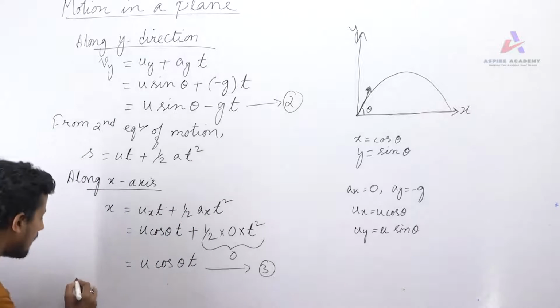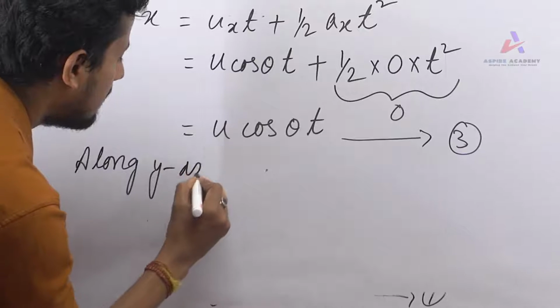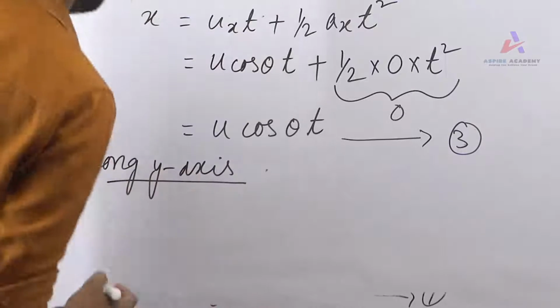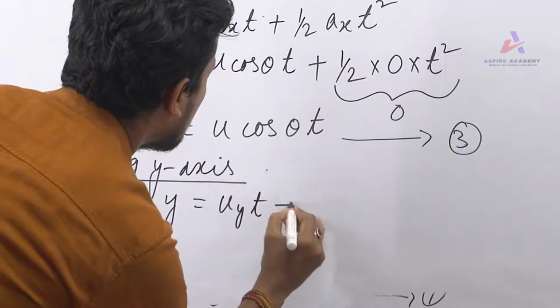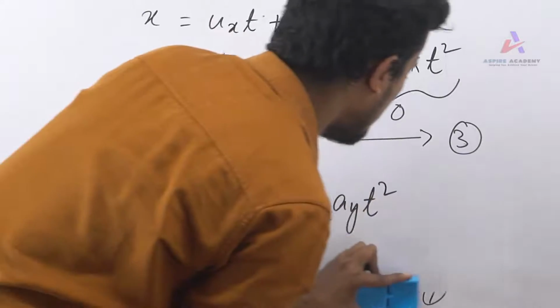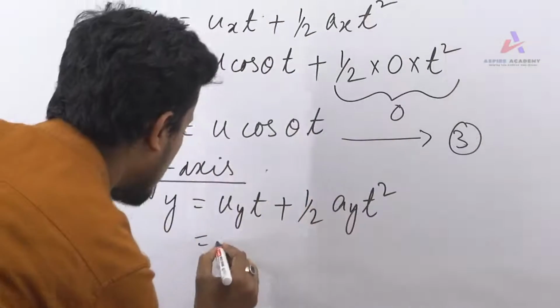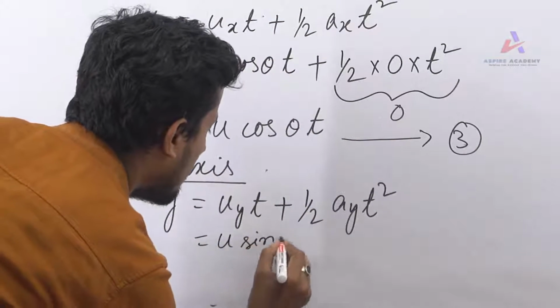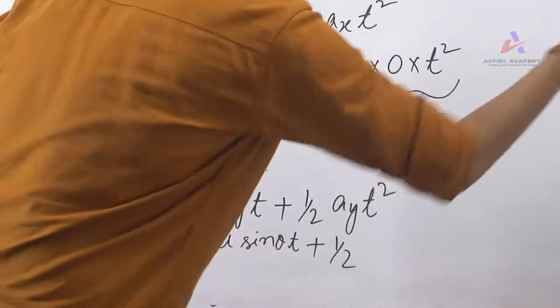Now along the y direction, or y-axis, we can write y equals uy t plus half ay t square. What is uy? u sin theta, as we have defined before, t plus half, what is ay?